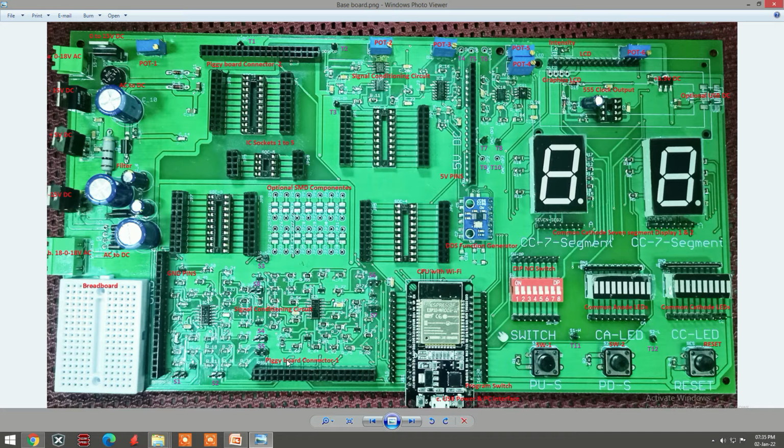Before I show you the actual system, let me brief you about various sections of the board. To begin with, the power section, that's the most important.